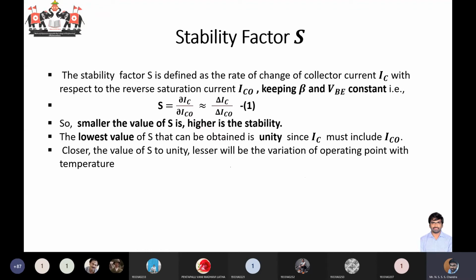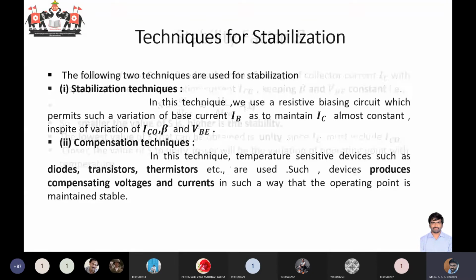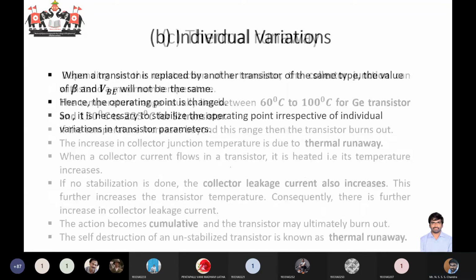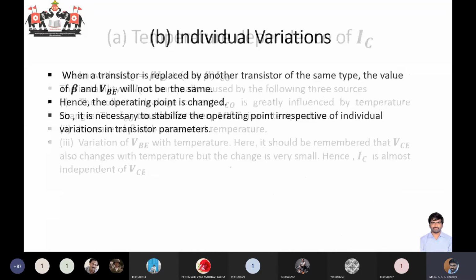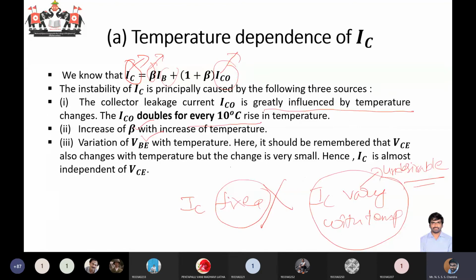In the previous slide we have seen that with temperature three things are going to vary. What are the three things that are going to vary? Beta, IC0, and VBE. The first thing is IC0 is going to vary, the second thing is beta is going to vary, the third thing is VBE is going to vary.